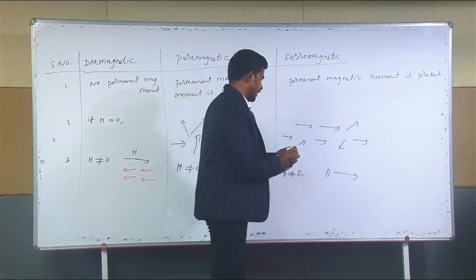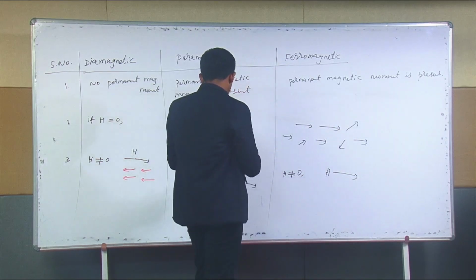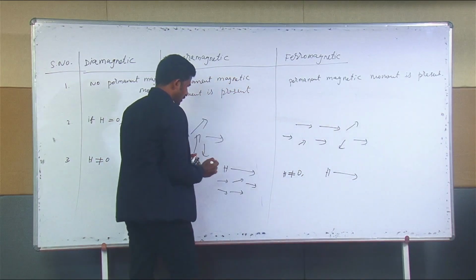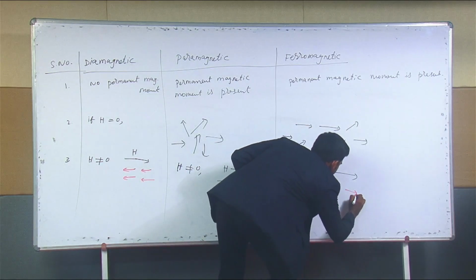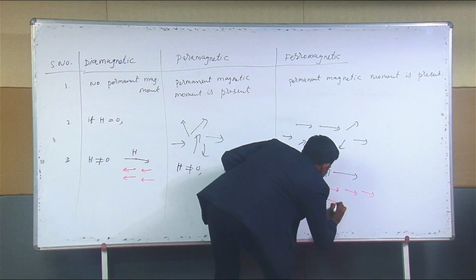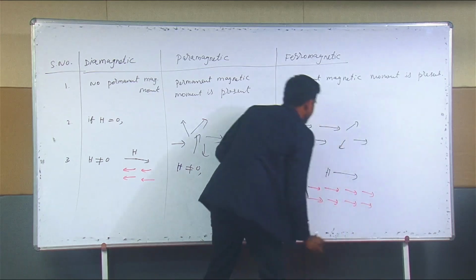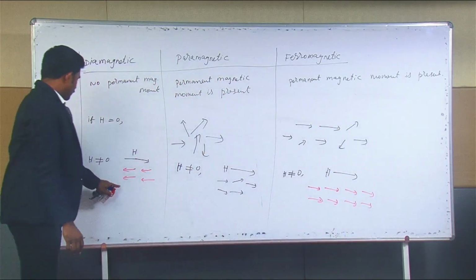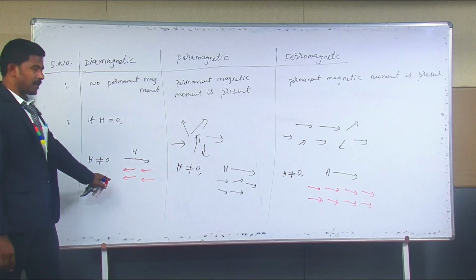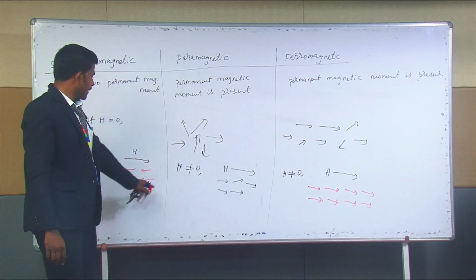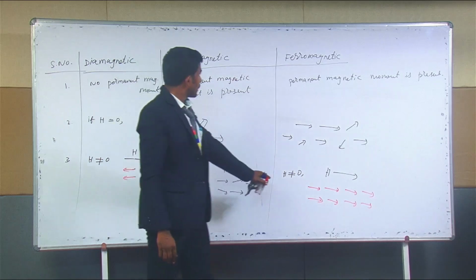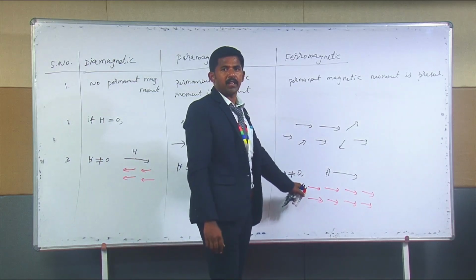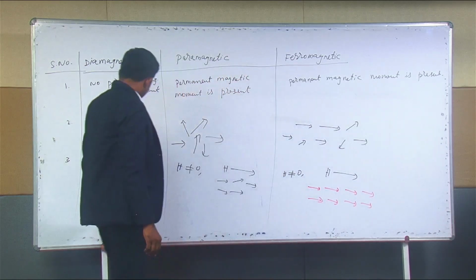If this is the field direction, almost perfectly it will be aligned. So this is feeble repulsion in diamagnetic, whereas in paramagnetic it is feeble attraction, and in ferromagnetic it is strongly attracting.